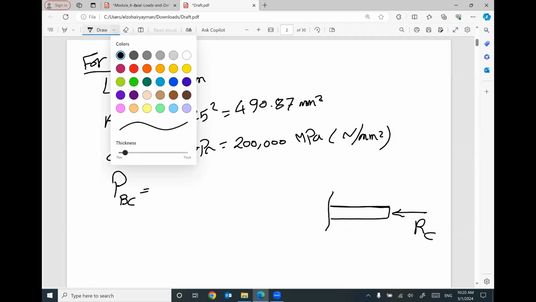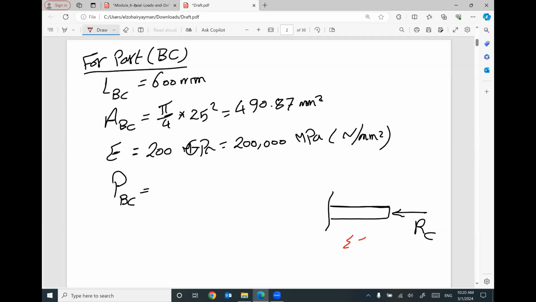If you apply summation Fx equals 0, I must have another force in this way to make sure the summation Fx equals 0, and it will equal RC. This force is pushing your part of the shaft, so it will be compression. Compression means we will have a negative value for the force in this part BC, kilonewton.